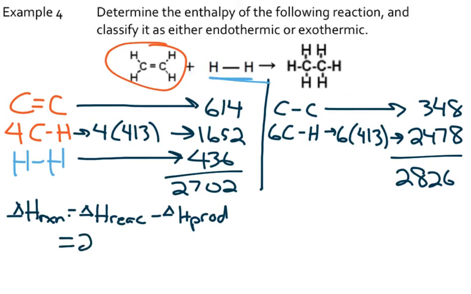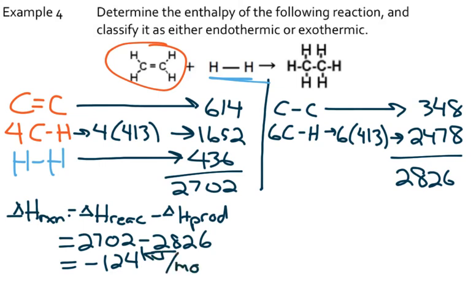So reactants 2702 minus products 2826, and we get a total of negative 124, and again the units are still kilojoules per mole. And again, since delta H is negative, this is an exothermic reaction.